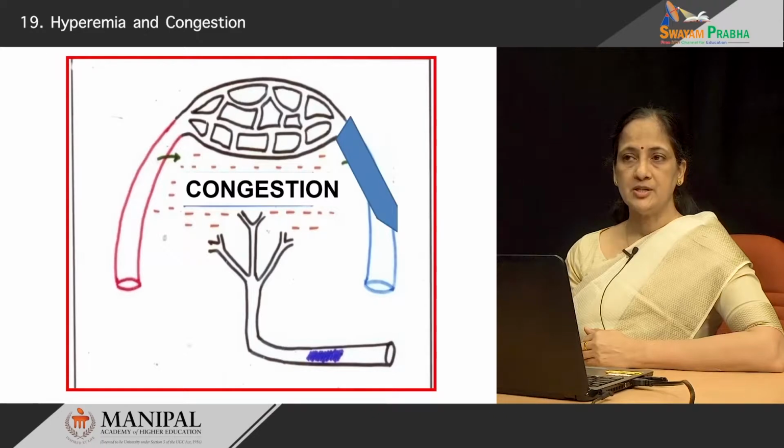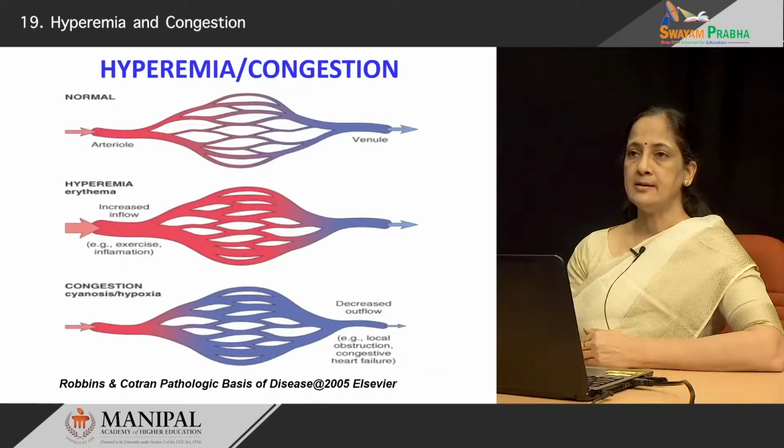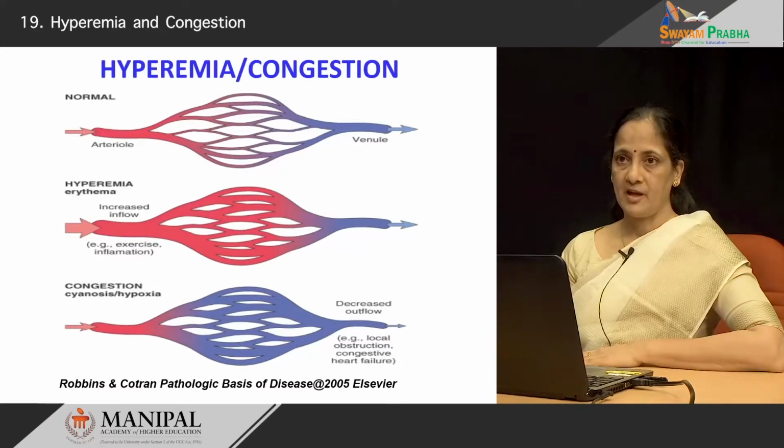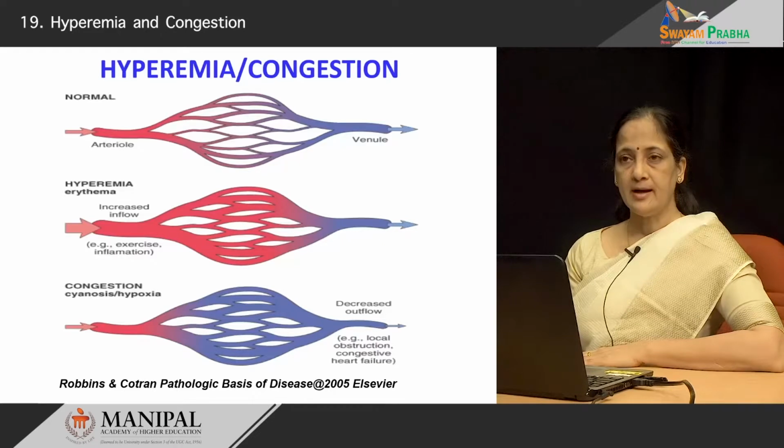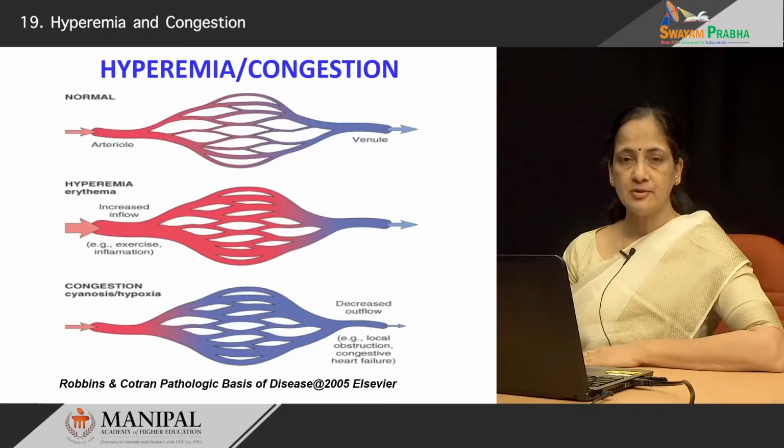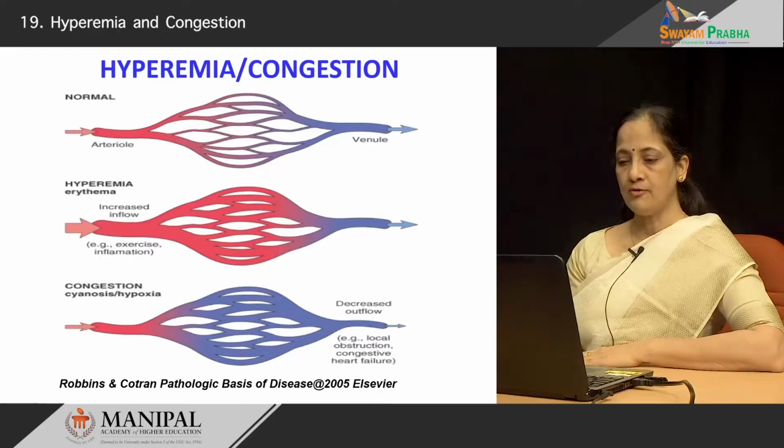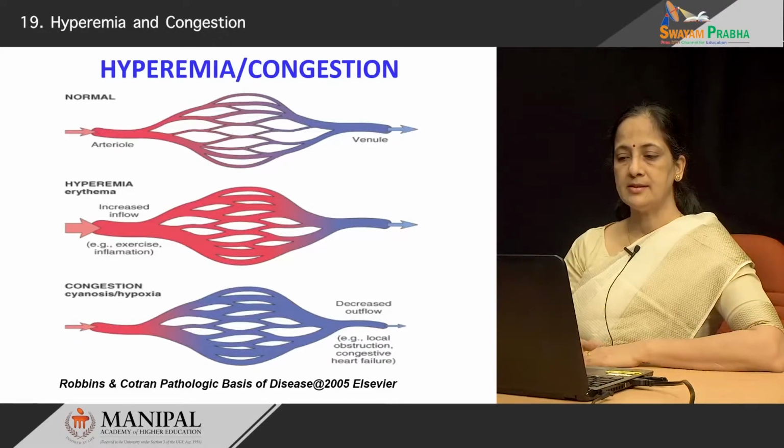So, in congestion, there is stagnation in the venous side of the circulation causing cyanosis. So, looking at it together, hyperemia, an active process, occurs because of arteriolar dilatation, and this results in increased oxygenated blood within the tissue.